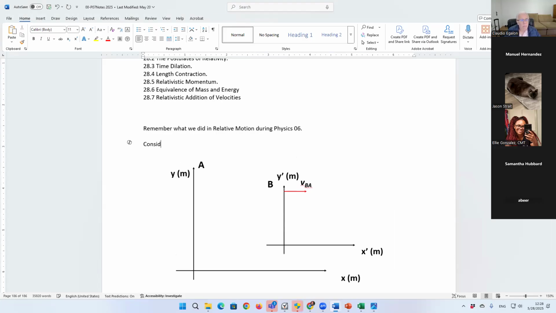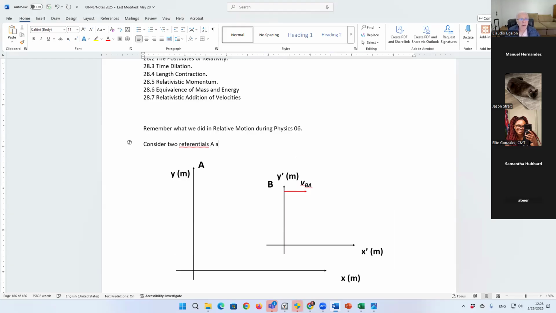I have to introduce that to you so you can understand the difference between relative motion in Newtonian physics and relative motion in special relativity.